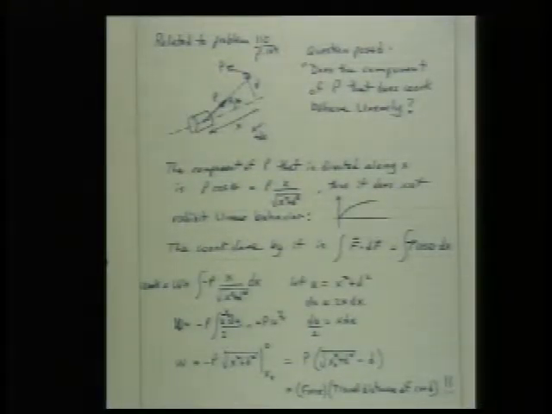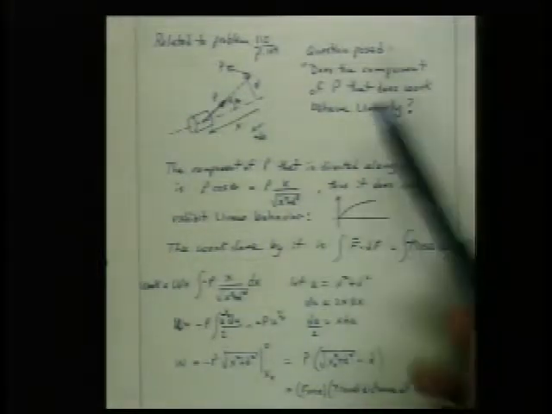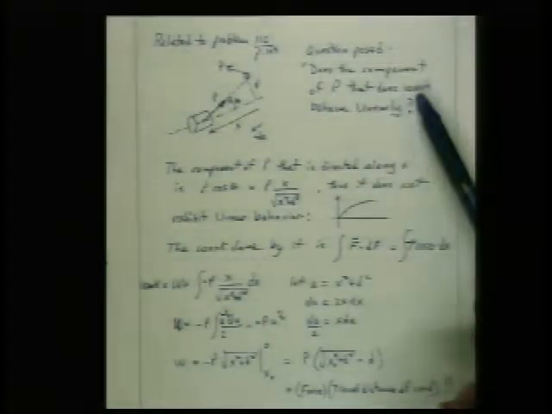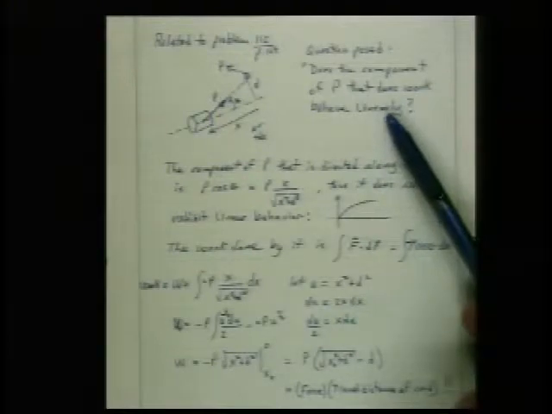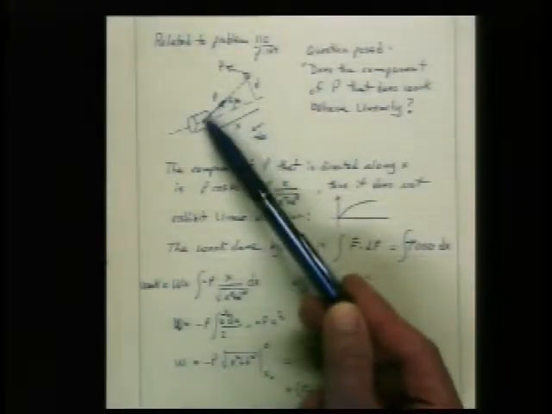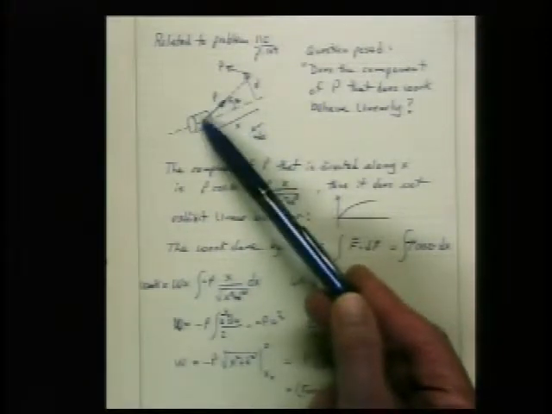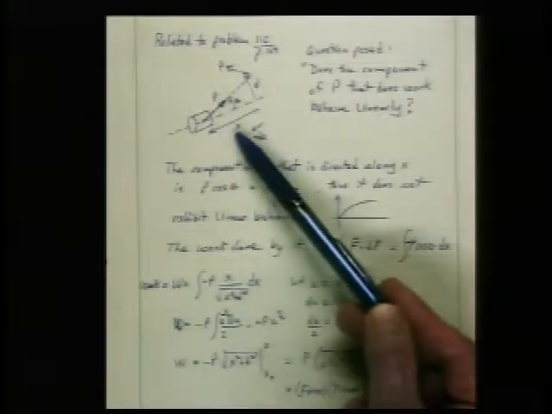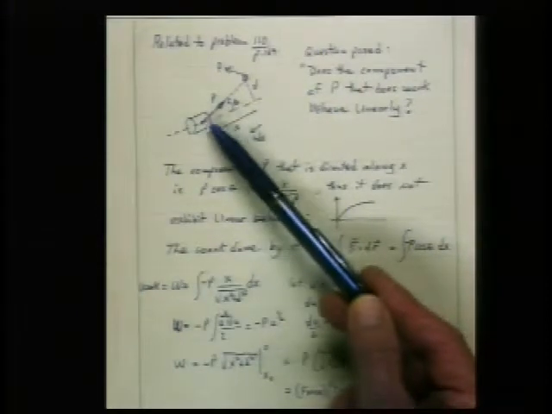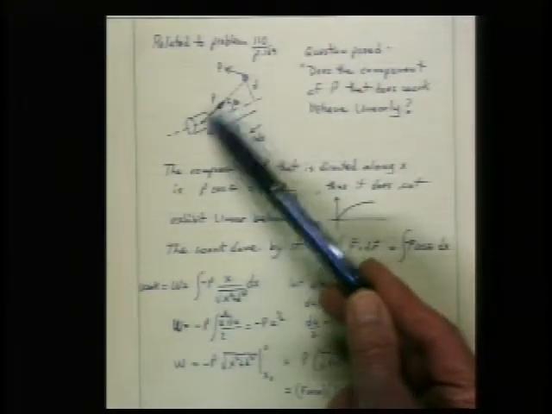Okay, so the question posed was, does the component of P that does work behave linearly? So the P force then, the amount of it along this edge here that is moving up through this reversed opposite to this travel distance x is P cosine theta.